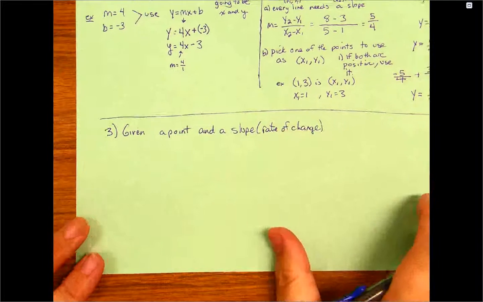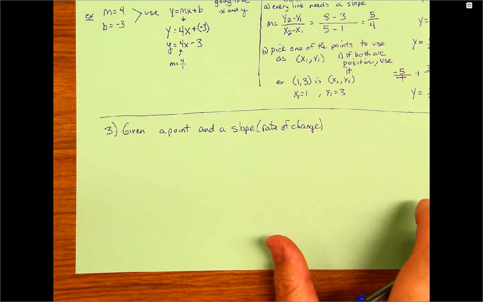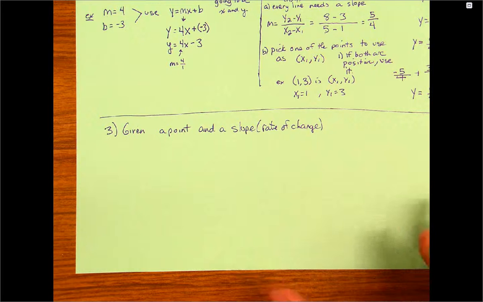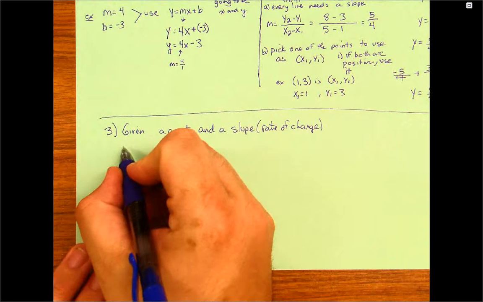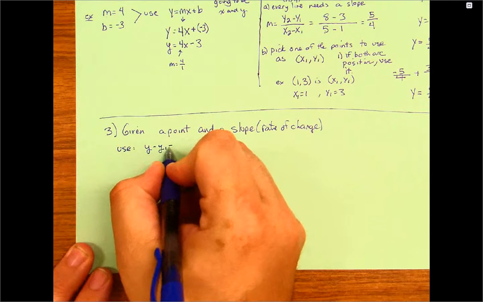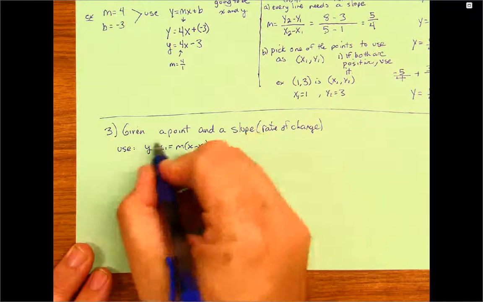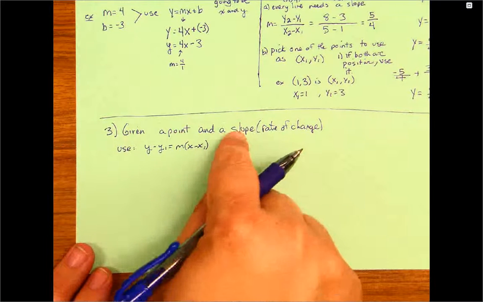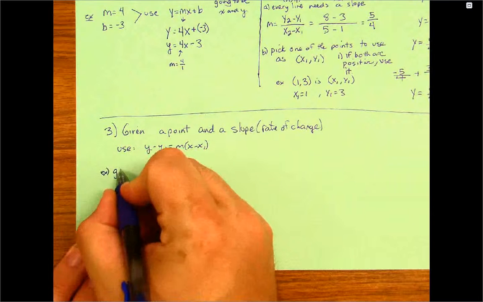So we're going to use y minus y1 is equal to m times x minus x1, because this is our point slope equation, so you're going to be given a point and a slope. Say you're given m is equal to 2 and your point x1, y1 is equal to negative 1 comma 4.